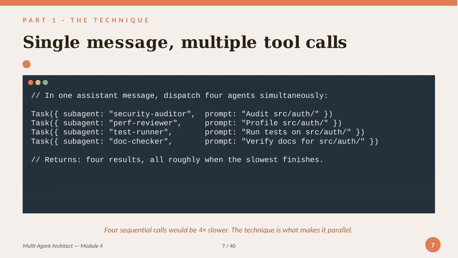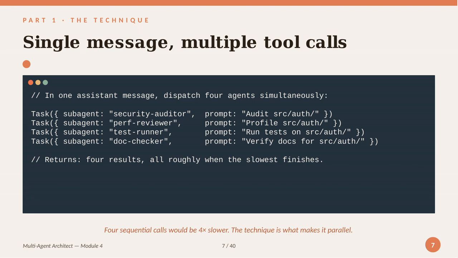The technique that turns dispatch into parallelism is one specific detail: multiple tool calls in a single message. When the orchestrator emits a message with 4 task tool calls, the runtime fires all 4 in parallel. The orchestrator then waits for all 4 to complete and gets all 4 results in one shot. That's parallel.